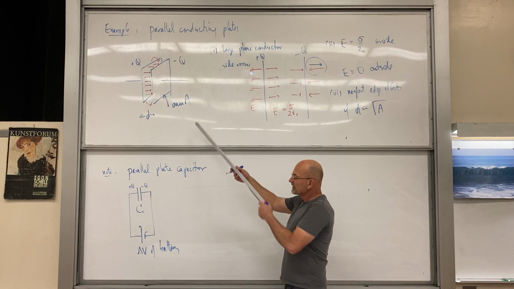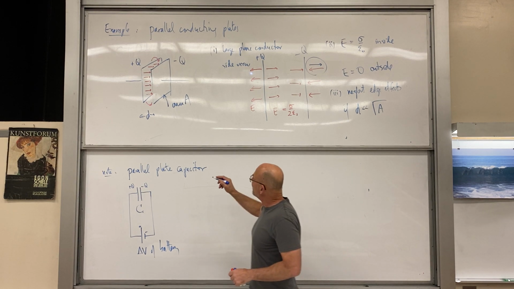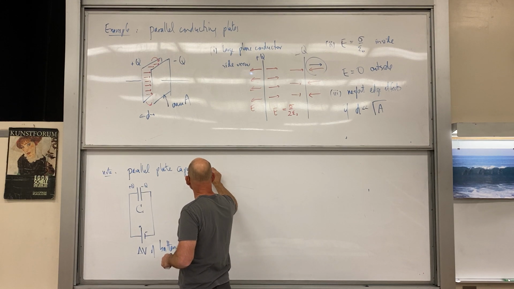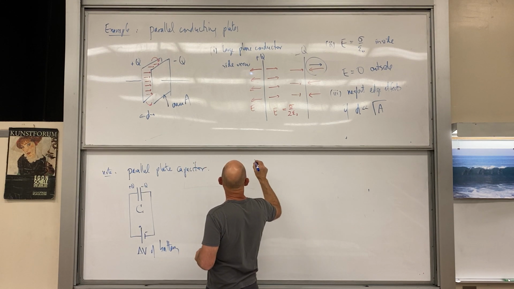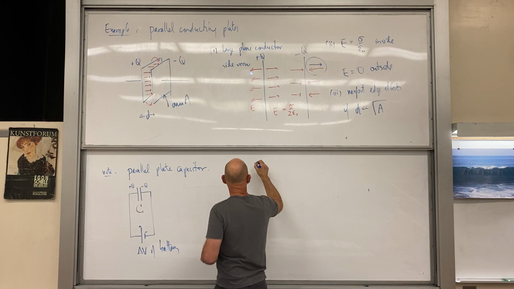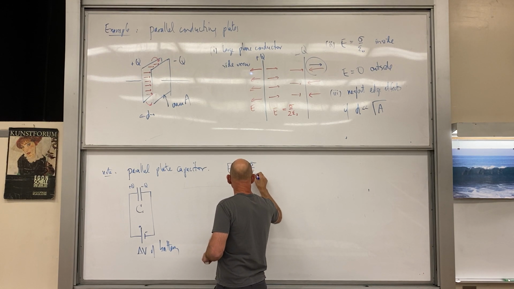Now let's ask about the capacitance here. We have E is equal to sigma over epsilon naught.